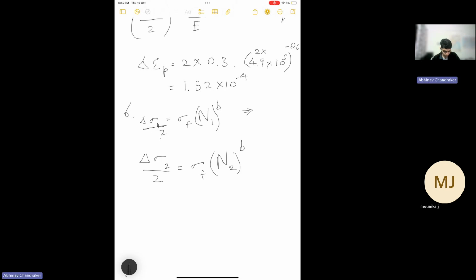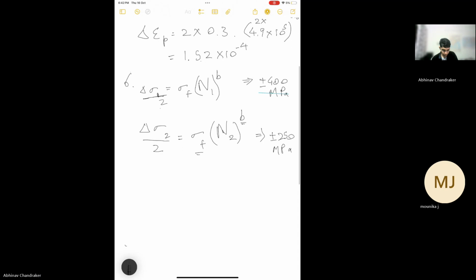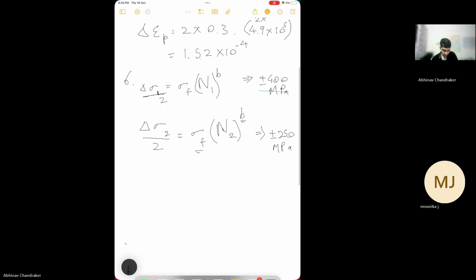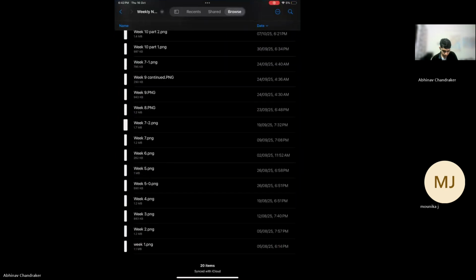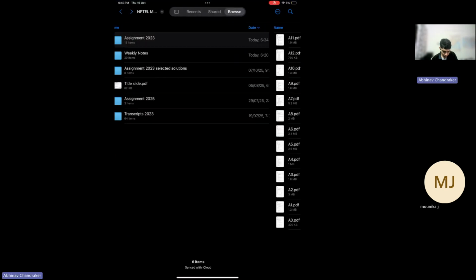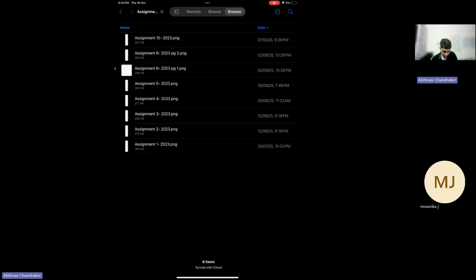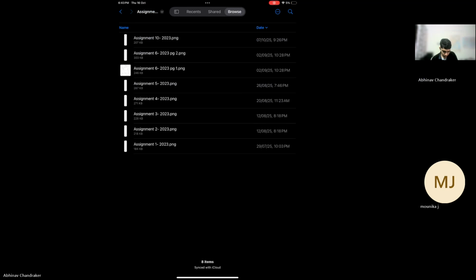Here this is for plus minus 400 MPa loading. These are Basquin's equation relations. We need to find sigma f and b, right? Let me just double check the equation is right or not.